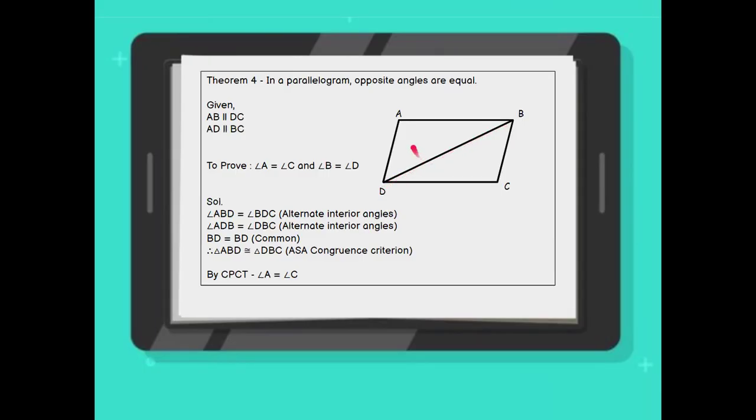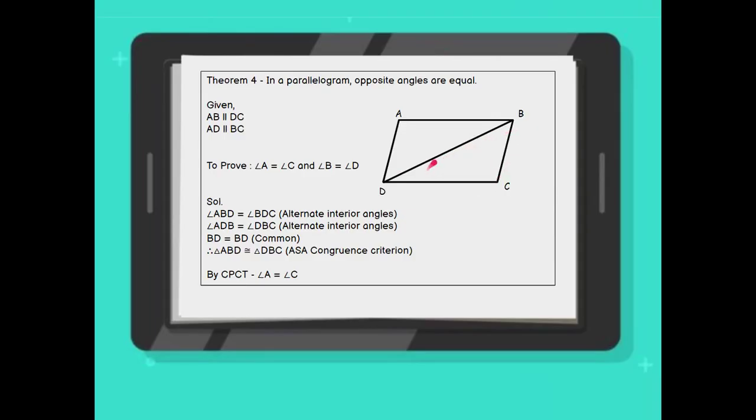So therefore, by angle side angle, ASA congruence criteria, triangle ABD is congruent to triangle DBC. So therefore, I can say that by CPCT, or corresponding parts of congruent triangles, angle A is equal to angle C, right?